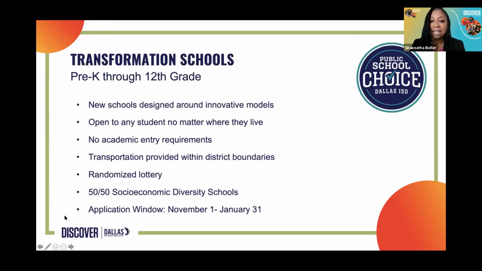If your student is accepted into one of our programs, the transportation will be provided for free if you live within the district boundaries. Our process is a randomized lottery, again, based on those economic diversity requirements. Next slide, please.